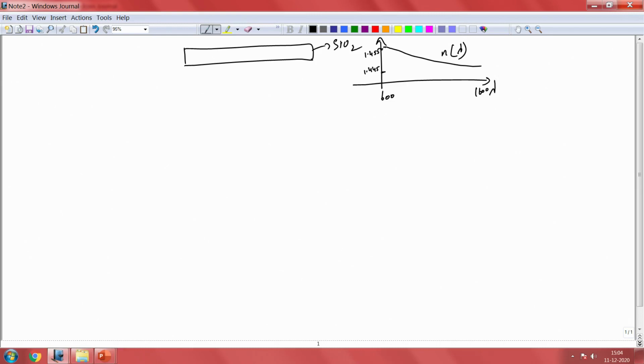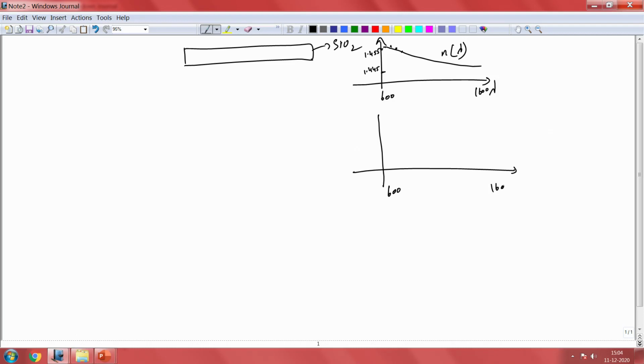So let us look at how the group index varies. For all practical purposes you can call this the refractive index at a particular frequency. So now let us look at the group index in the same range.